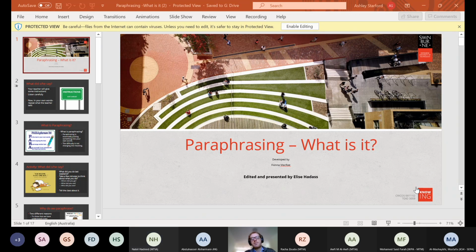Robbie, that was pretty good. So using your own words to present an idea or set of ideas. And part of one of those strategies, as Nabil mentioned, was to rearrange. You can change the sentence structure or the word order. Okay, very good.